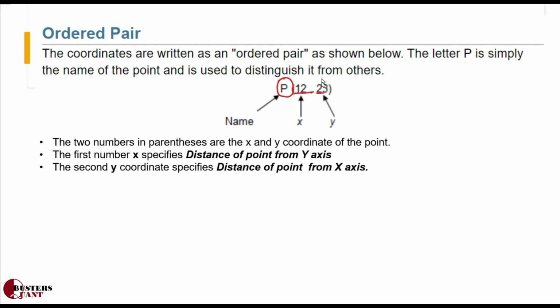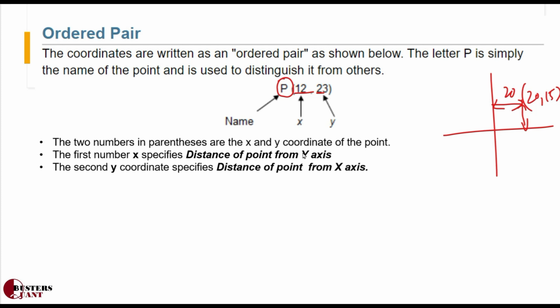Now the two numbers: the first number is the x coordinate. The x coordinate defines the distance of the point from the y axis. For example, this is the coordinate axis and this point is 20 comma 15. This 20 represents the distance of the point from the y axis. Similarly, the y coordinate 15 represents the distance of the point from the x axis.